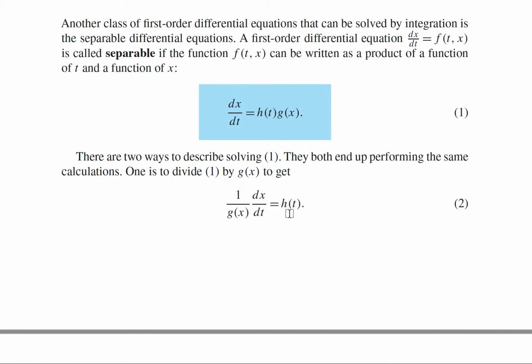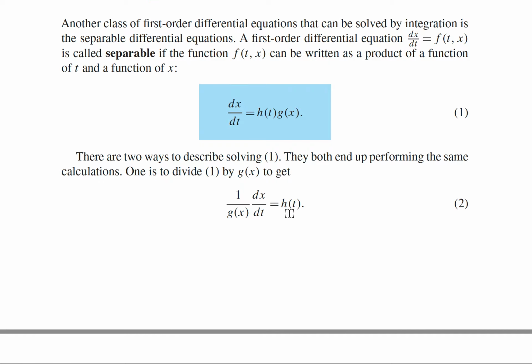The next step that I'm going to do is integrate both sides with respect to t. The left hand side will be the integral of 1 over g times dx over dt, where dx over dt is x prime again.